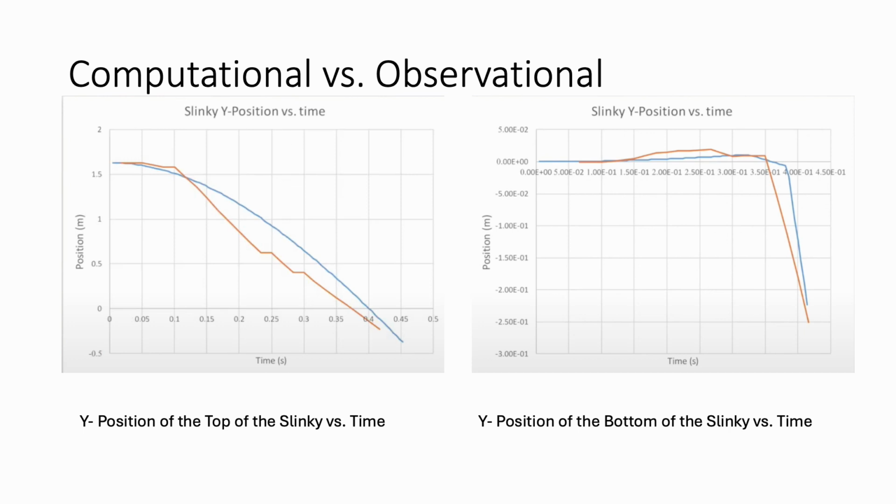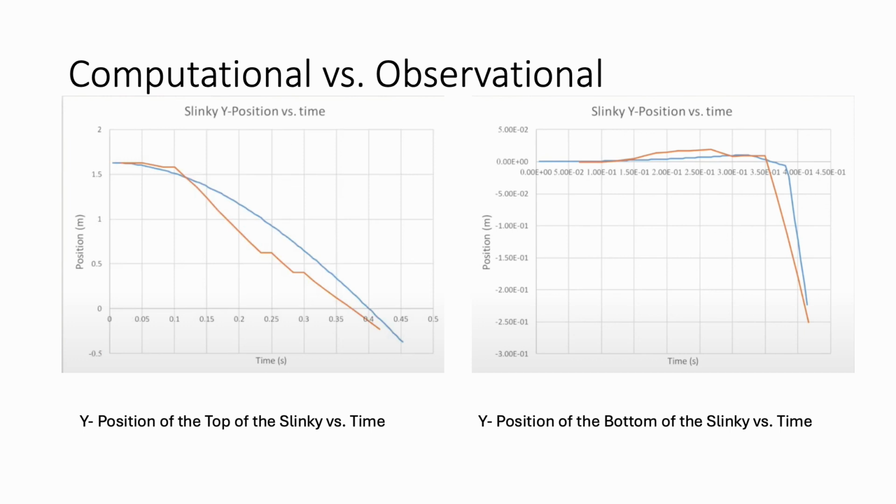Here you can see that the blue is much more streamlined because it is the true estimated value, while the observational value is a little bit different than the computational model because of outside factors such as air resistance and drag that we did not account for.